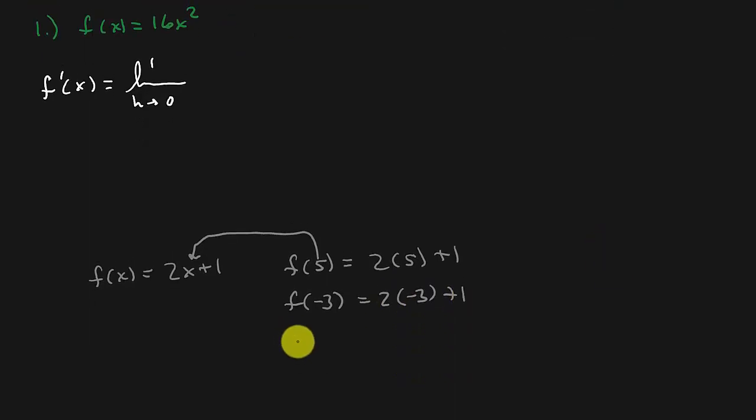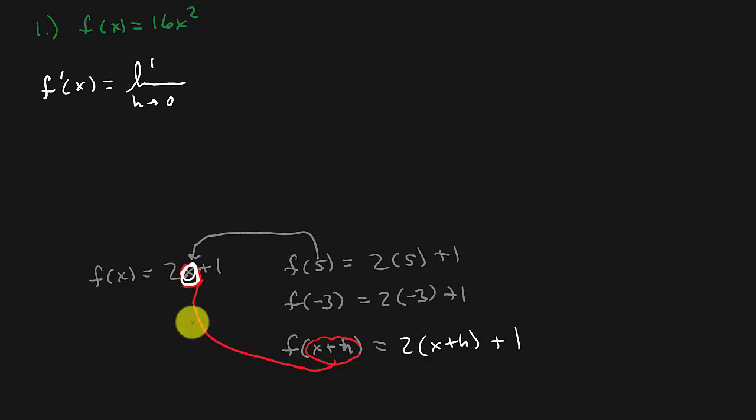If they ask you to find f of x plus h, they're wanting you to take this x plus h and put it in the place of x. That would give us 2 times x plus h plus 1. All we did is replace this x with x plus h. That's what that means.